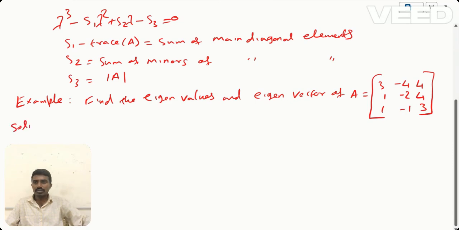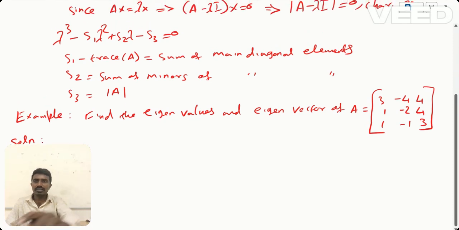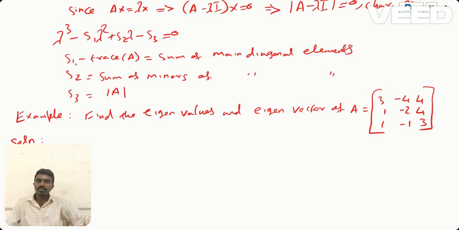The solution. The characteristic equation is lambda cube minus s1 lambda square plus s2 lambda minus s3 equal to 0. So for that we first find s1, s2, s3.